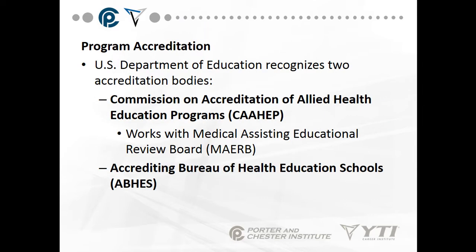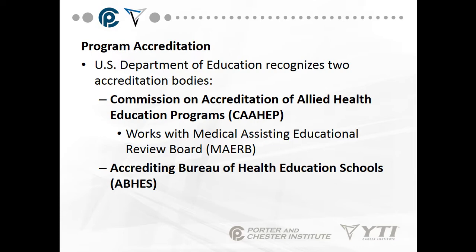Now, what is program accreditation? The U.S. Department of Education recognizes two accreditation bodies. These are the overall big guys. The Commission on Accreditation of Allied Health Education Programs, known as CAAHEP, is one of them. And this group works with the Medical Assisting Education Review Board, known as MAERB. We call it MERB.